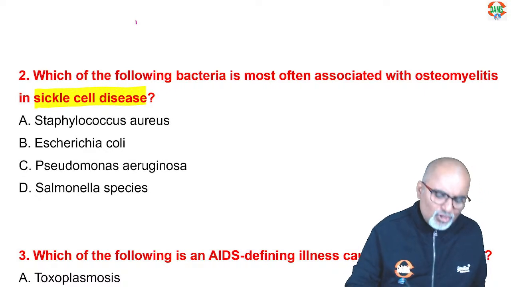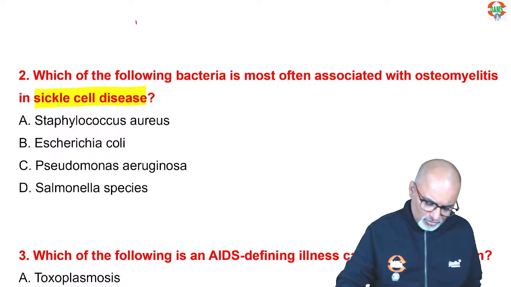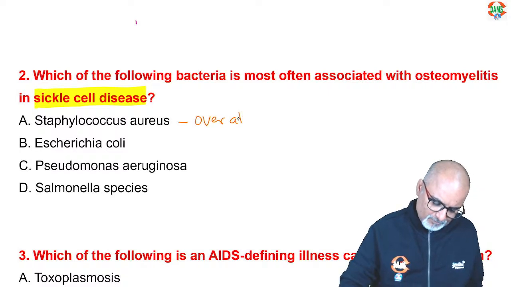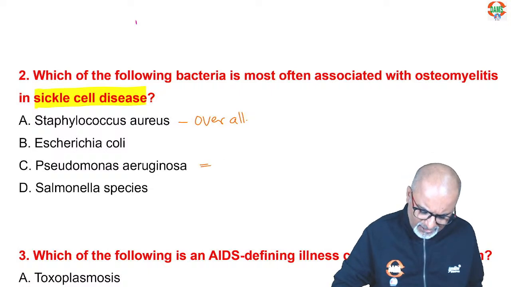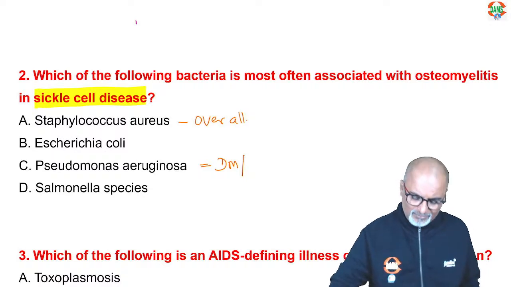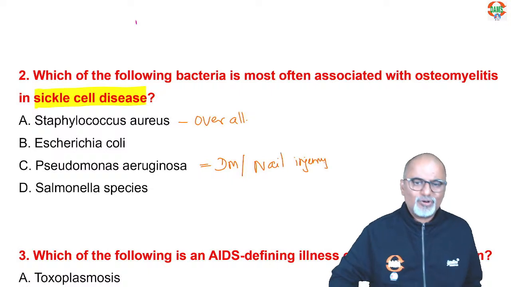Next is, which of the following bacteria is most often associated with osteomyelitis in sickle cell disease? Please remember, the overall most common cause of osteomyelitis is Staphylococcus aureus. In case of diabetes mellitus or a rusty nail injury, you can think of Pseudomonas aeruginosa.